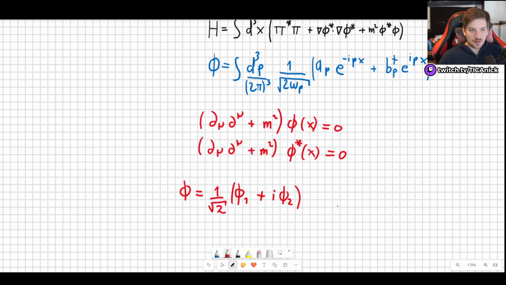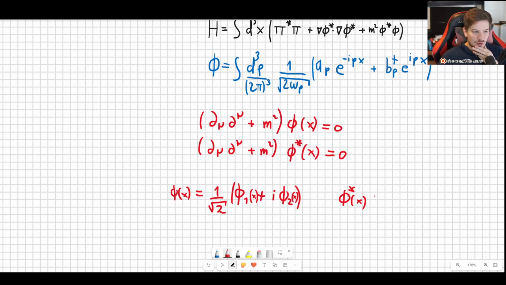And of course, the complex field, I should write the x dependence: phi of x, phi 1 of x, phi 2 of x. So at least for now, we will keep the dependence.